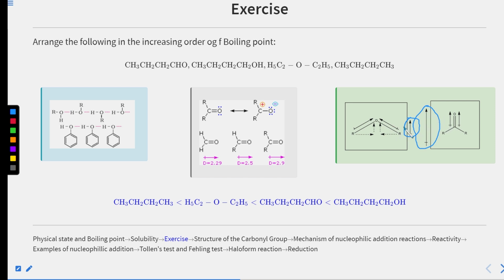What is the reason behind it? If you see the dipole direction of both the C-O bonds, you can see that if we resolve them, we have resolved each into two vectors: one on the y-axis and one on the x-axis. Similarly, this one has been resolved on the y-axis and the x-axis.